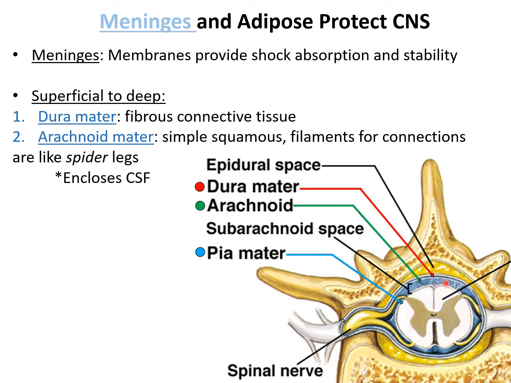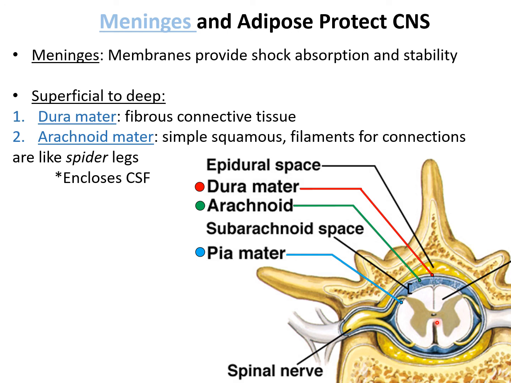These spider-like proteins allow a space to enclose the cerebrospinal fluid. Right? So at this point, we know that CSF is bathing over the surface of the spinal cord in this subarachnoid space, and it is traveling through the central canal within the gray matter of the spinal cord as well.